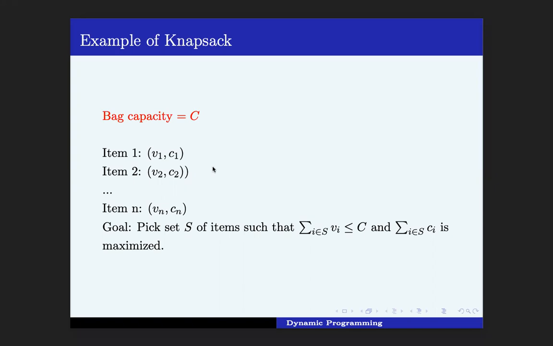Think of V1 to Vn and C1 to Cn as all integers, and this capital C is also an integer. You solve it for that. So assume that all the volumes and all the costs are integers, and the bag capacity is also an integer.